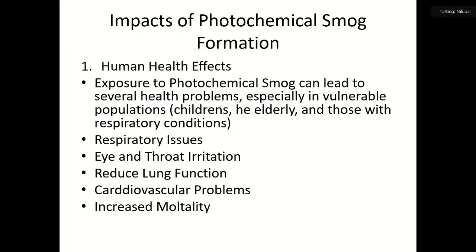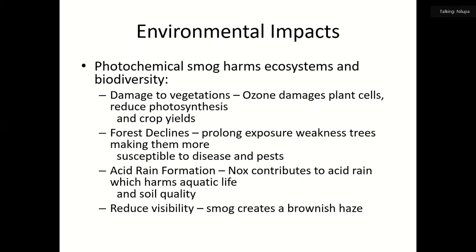Human health effects. Exposure to photochemical smoke can lead to several health problems, especially in vulnerable populations such as children, elderly, and those with respiratory conditions. Respiratory issues, eye and throat irritation, reduced lung function, cardiovascular problems, increased mortality. Environmental impacts. Photochemical smoke harms ecosystems and biodiversity. Damage to vegetation: ozone damages plant cells, reducing photosynthesis and crop yield.